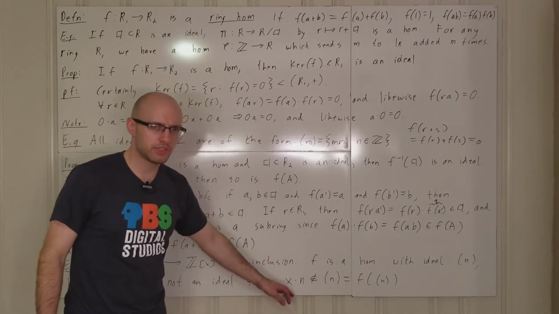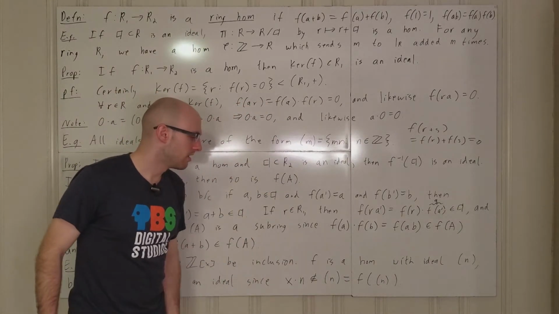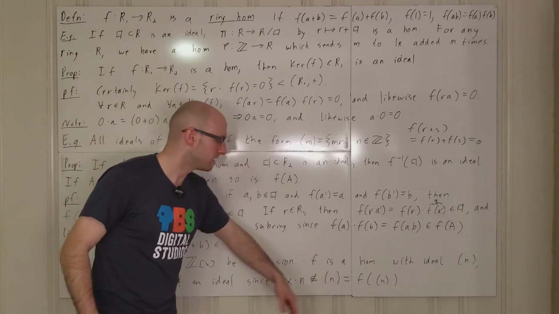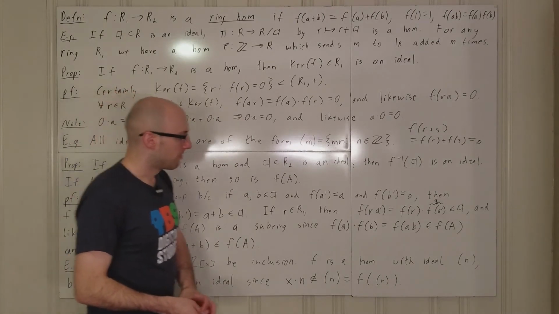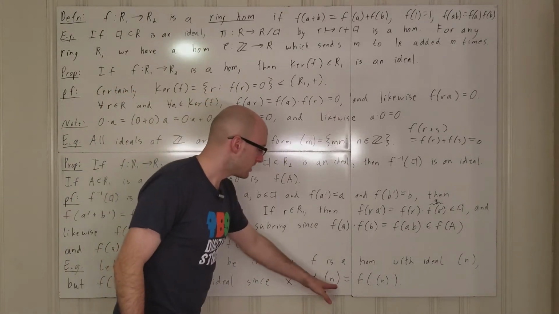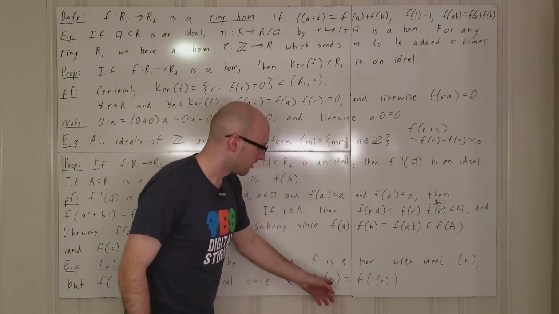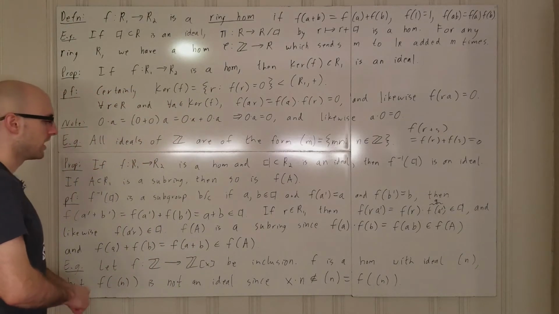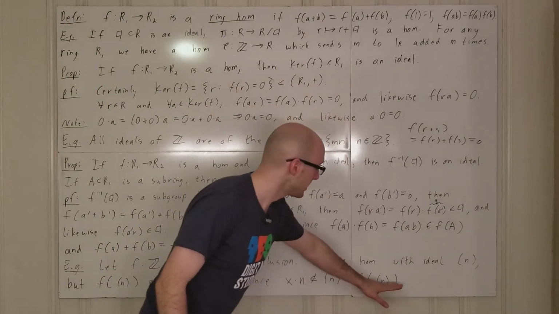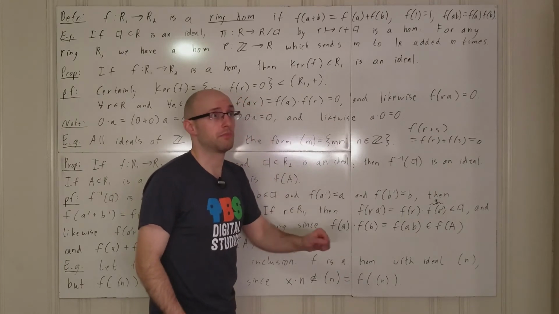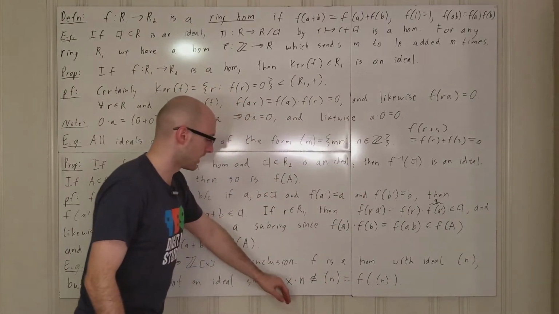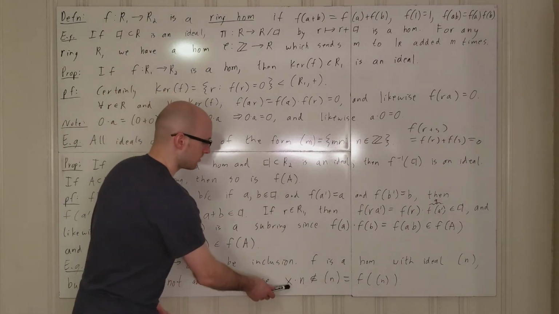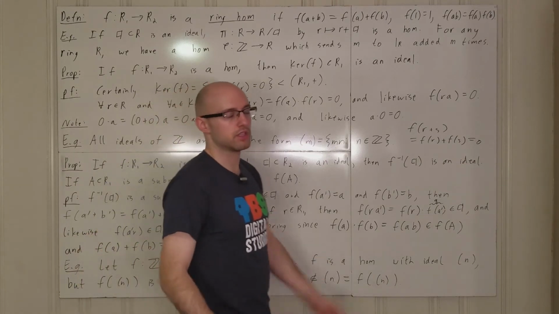You just take the polynomial x by itself, and you multiply it by n, and that certainly can't be in here because x is just some symbol, and it's not going to be an integer multiple of n. Because f is inclusion, the image is basically the same thing as the integer multiples of n. So x times n is not going to be in here. So this thing is not closed under multiplication by all elements of the ring on the left, and so it's not a left ideal. And it's not a right ideal either, because you just multiply the x on the other side. And therefore it's not an ideal.